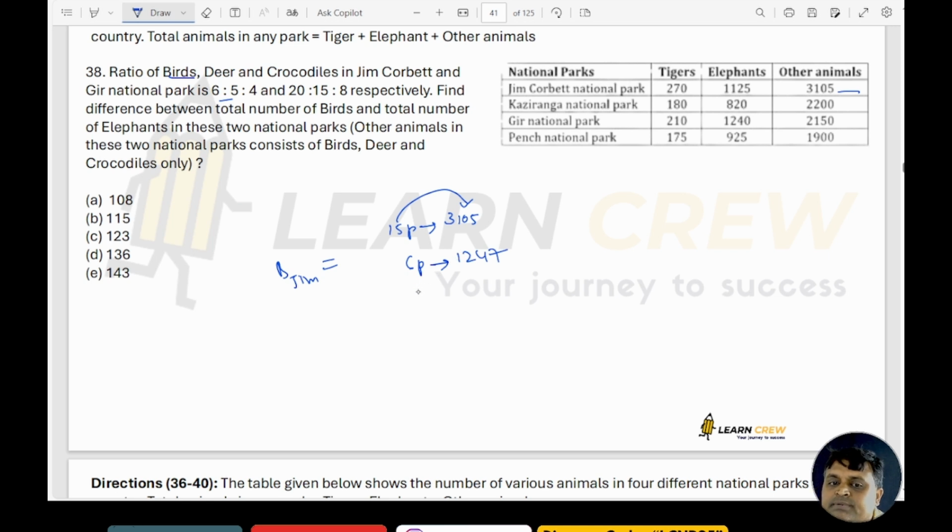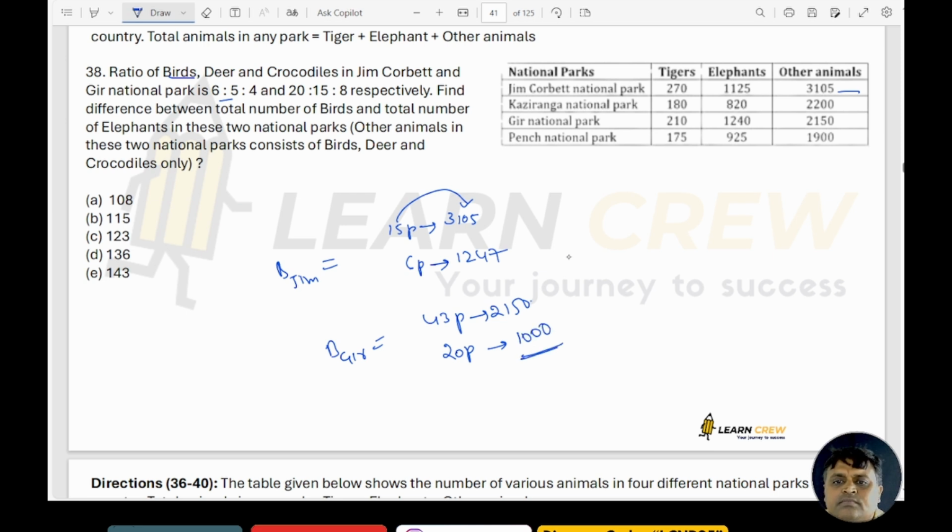So birds in Jim Corbett is 1242. Similarly now 20 plus 15, 35 plus 8, 43 parts. 43 parts is 2150 in Gir National Park. So birds in Gir National Park is 20 parts. If 43 parts is 2150, 20 parts would be 20 into 50, which is 1000.